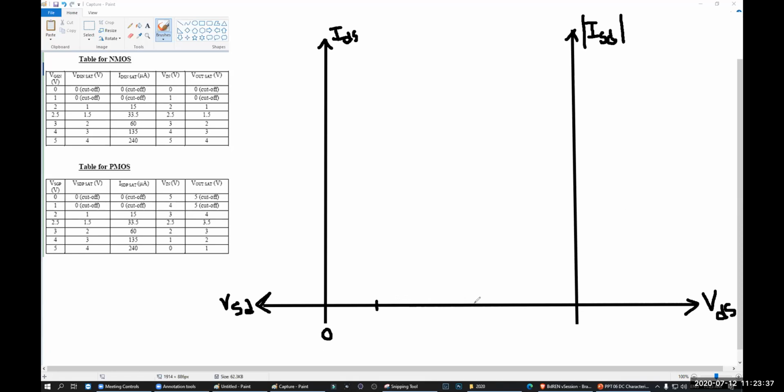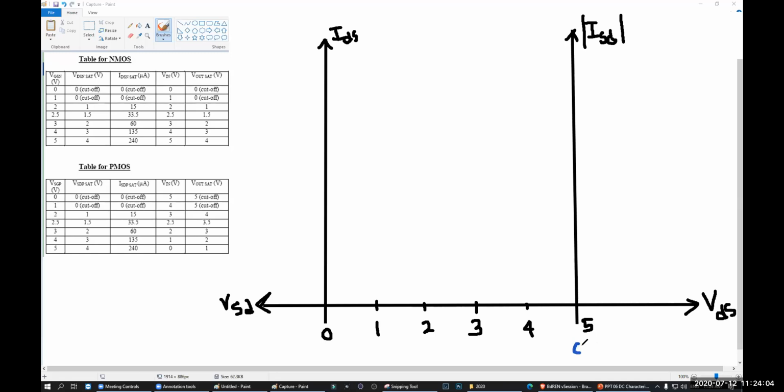Now, this will start from 0. This is 1. This is 2. This is 3. This is 4. This is 5, okay? For the other axis, this one is for VDS. For the next axis, let's use another ink.